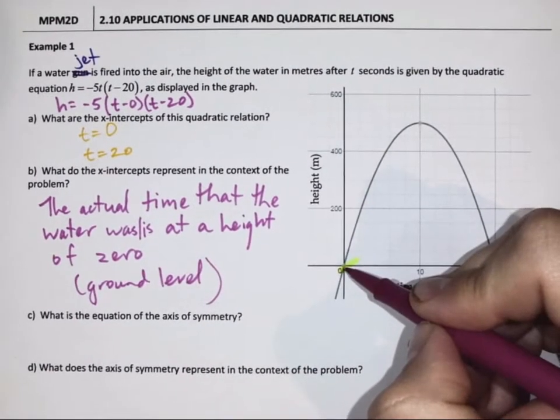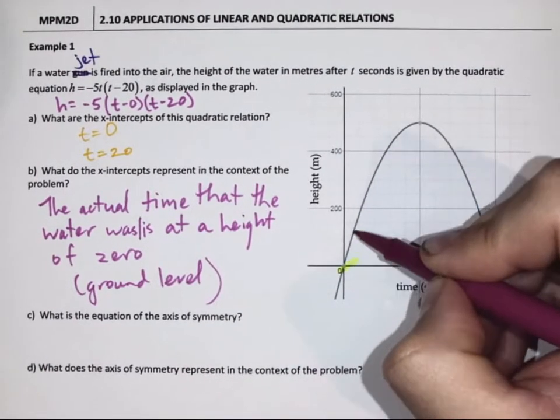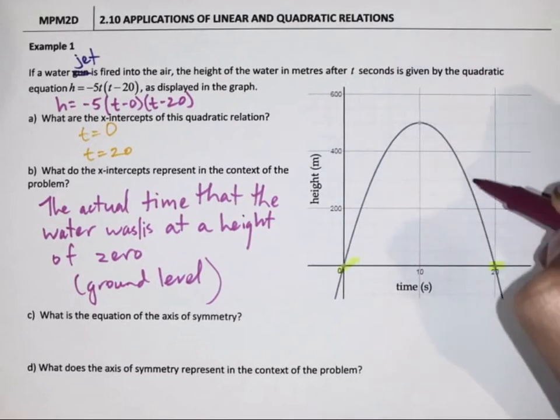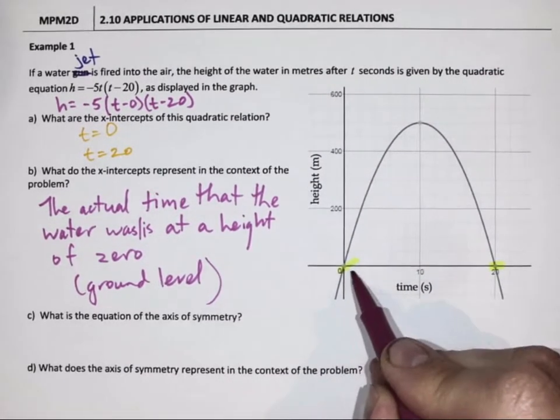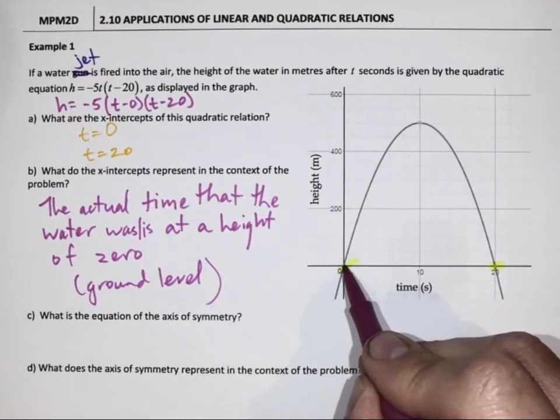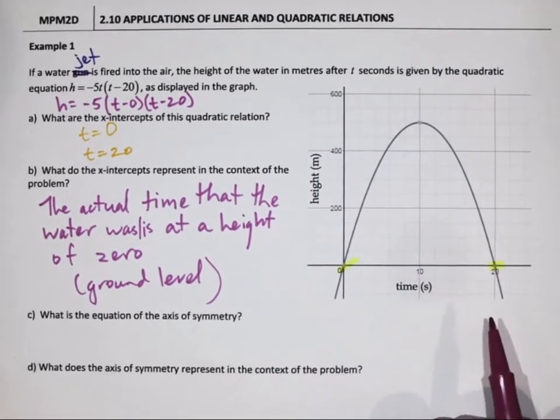So the water jet is here. It sprays the water up, it goes up that high and then it comes down, and the whole thing takes 20 seconds from start to finish, from when it leaves the ground to when it comes back to the ground.